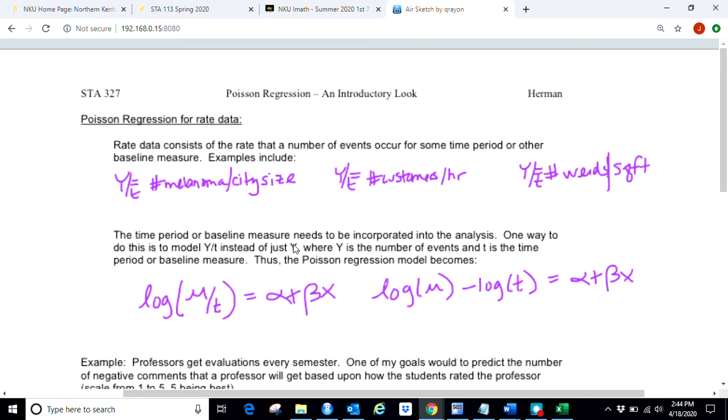So when I solve this for mu, we'd have mu equal to t times e to the alpha plus beta x. Over here, this log of t is sometimes referred to as an offset.